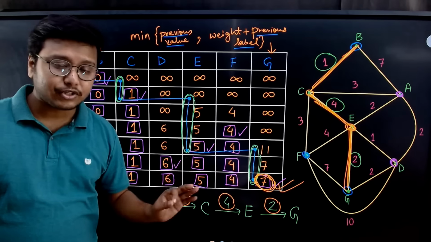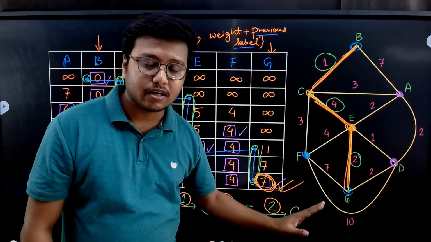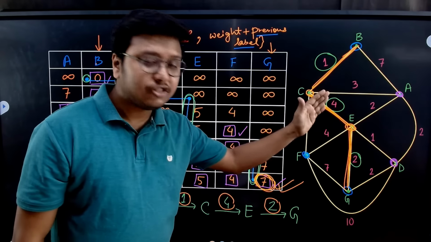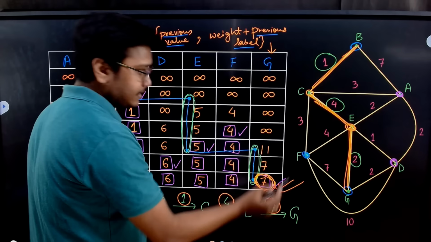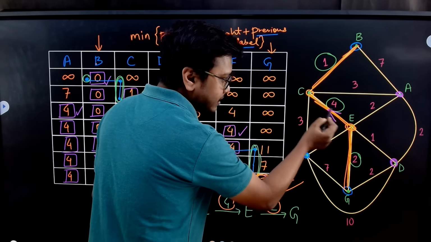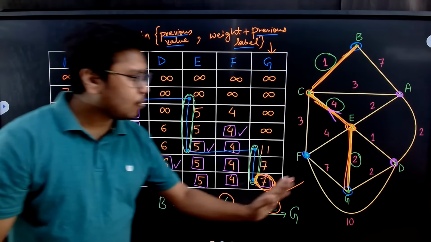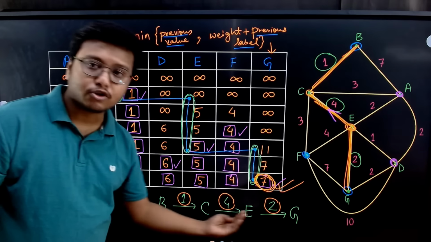Now the question is, if this graph was a directional graph, that means if the edges had directions, for example, if the direction of this edge was something like this, that means we are only allowed to go from E to C and we are not allowed to go from C to E. Then how would this be the shortest path?